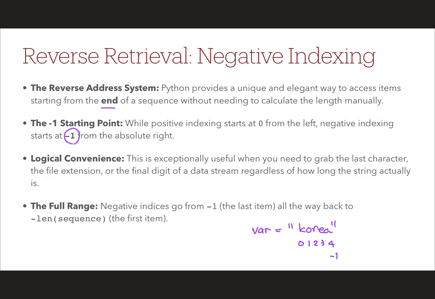Meaning E has -2 as its negative index, and -3 for R, then -4 and -5. So if I consider var[-1], that will represent the letter A. And in the case of var[-5], that represents the letter K.